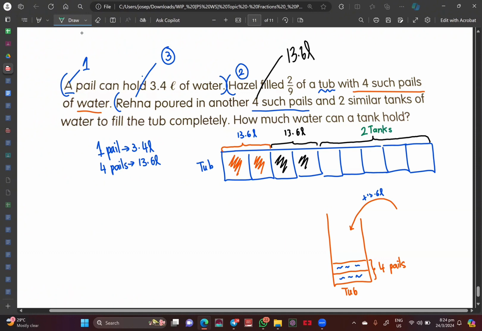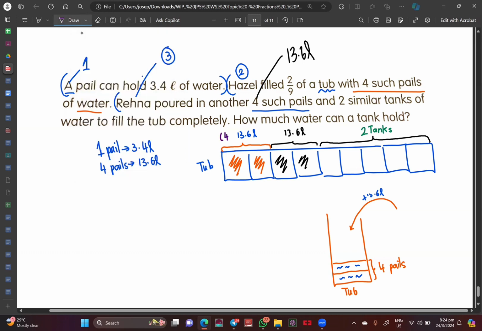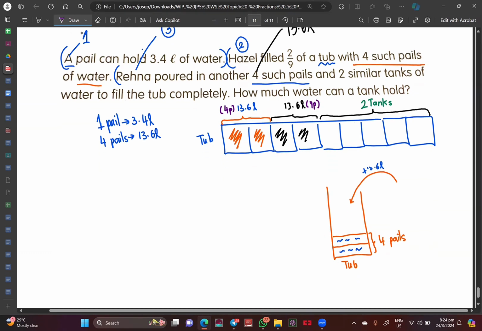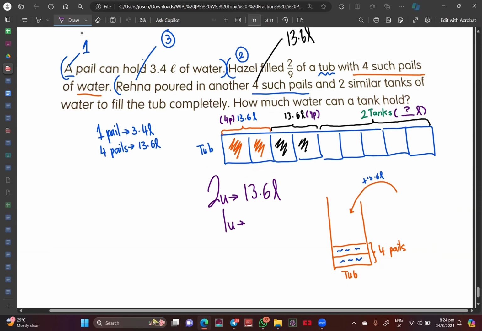Now as you can see over here, my first part has to be 4 pails, 4p, and this is also 4p. So from here itself, you can actually find out what is the amount. Why is that so? Because I can see that 2 units is actually equal to 13.6 liters, and we want to find 1 unit, and 1 unit is simply 13.6 divided by 2.